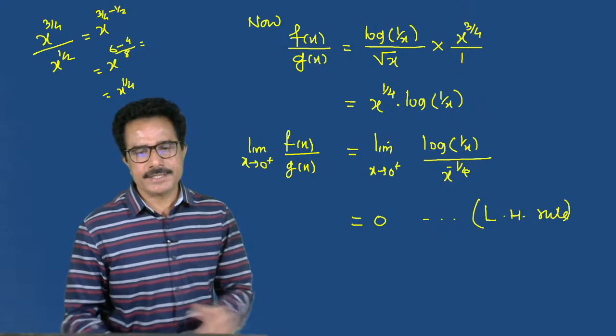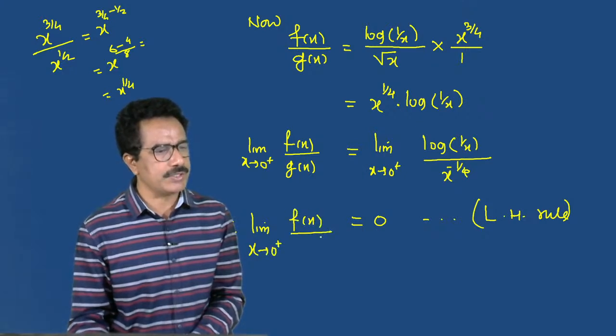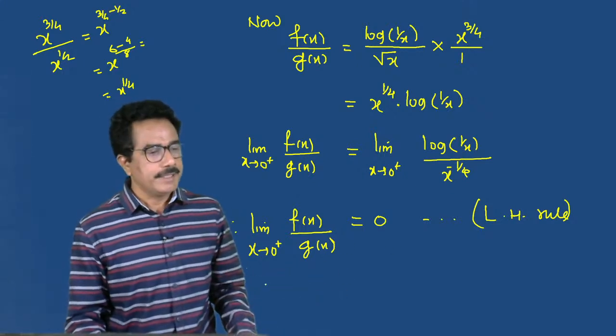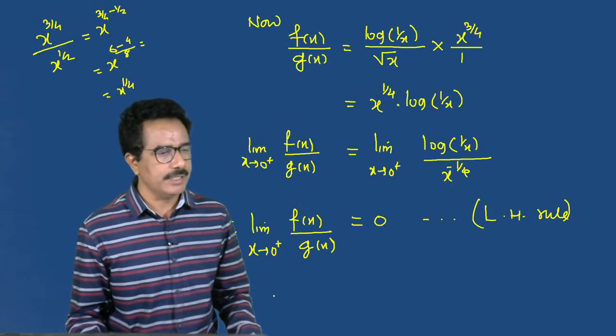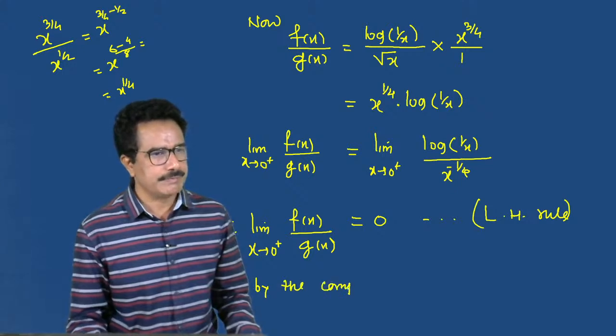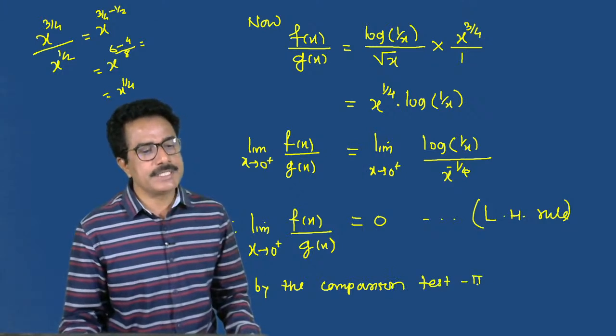So we get the value, therefore limit x tends to 0 positive f of x divided by g of x is equal to 0. Then by the comparison test, हे पहा, हे कॅल्क्युलेट करा तुम्ही, येतं एल हॉस्पिटल रूल ना. Then by the comparison test, second, that is limit form.